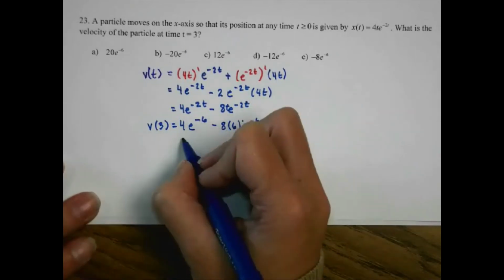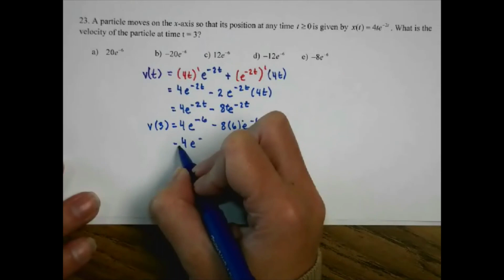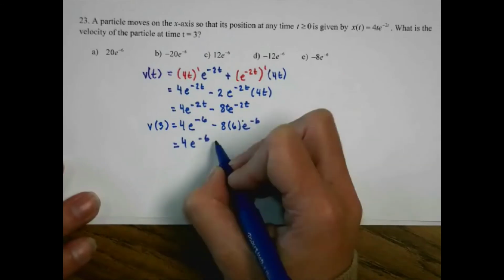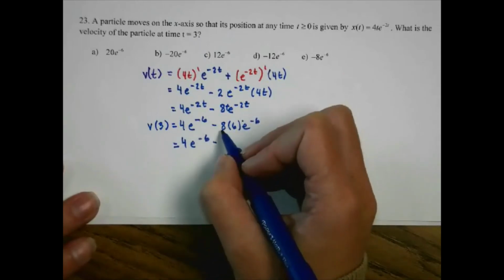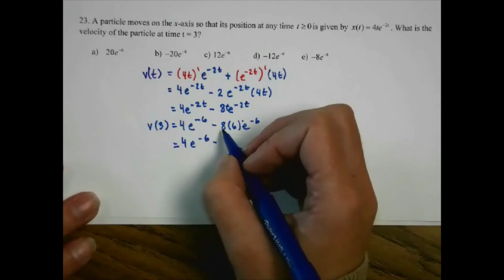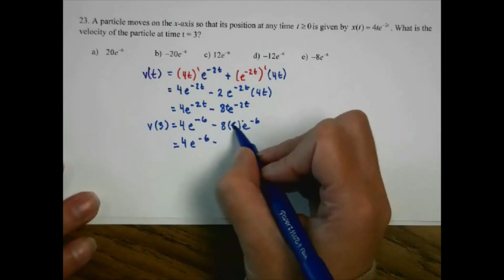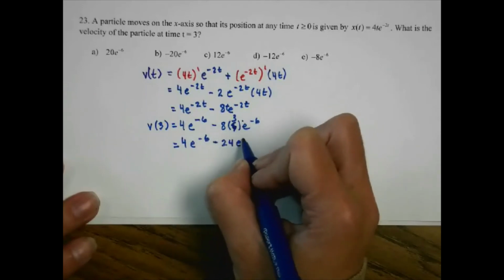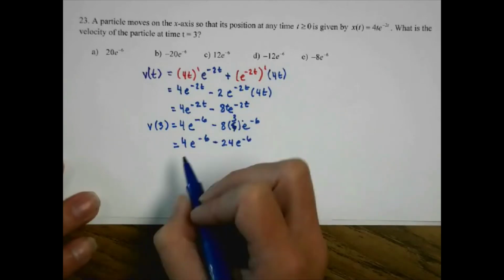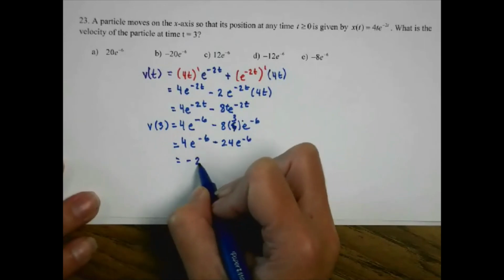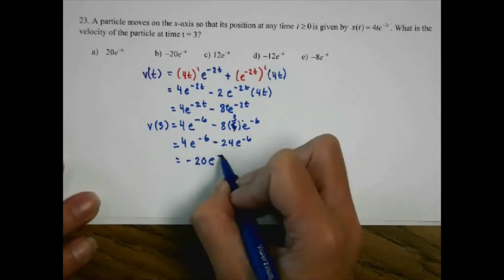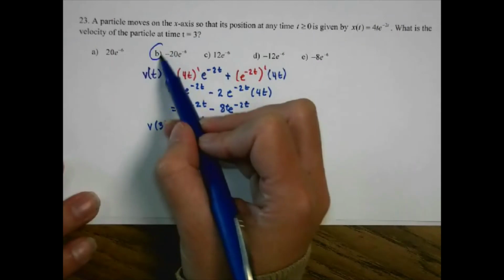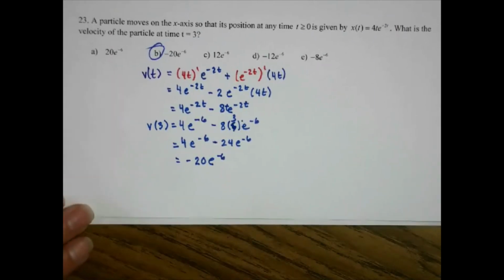So we have 4e to the negative 6 minus 24e to the negative 6. Add those together, we get negative 20e to the negative 6. Find your correct answer and circle it. So that is exponentials. Remember, derivative of e to the x is e to the x.